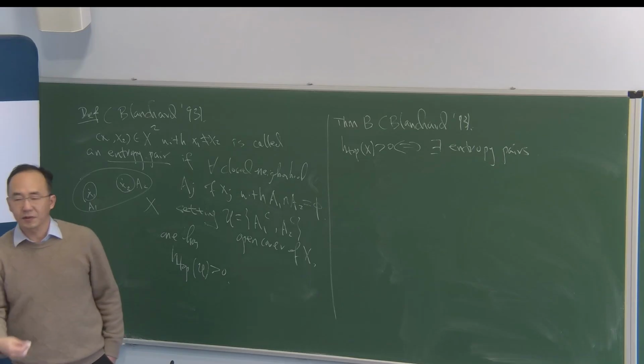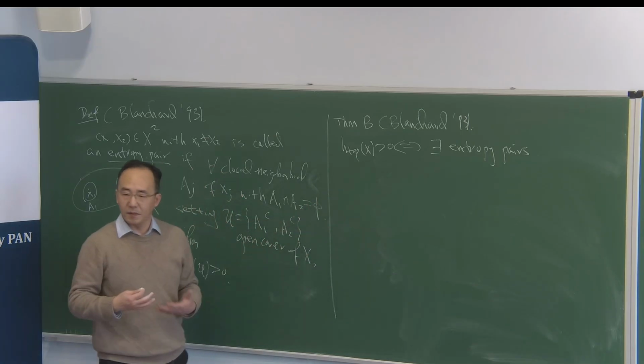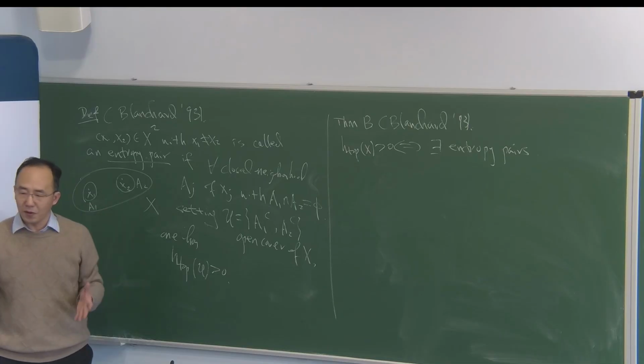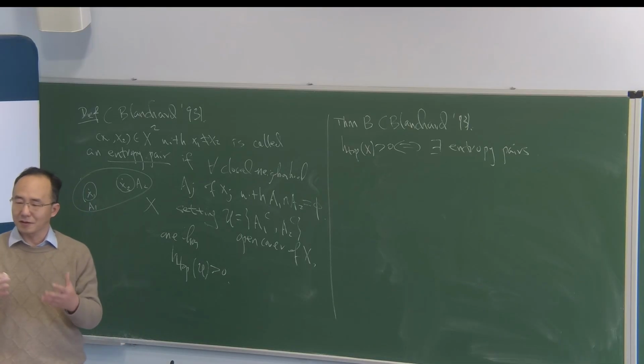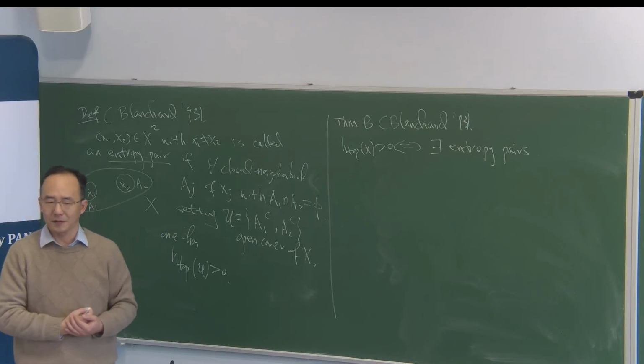So in other words, the reason for us to have positive entropy is simply that you get this pair of points. They are the source, the origin, the reason for the positive entropy. They are responsible for that.